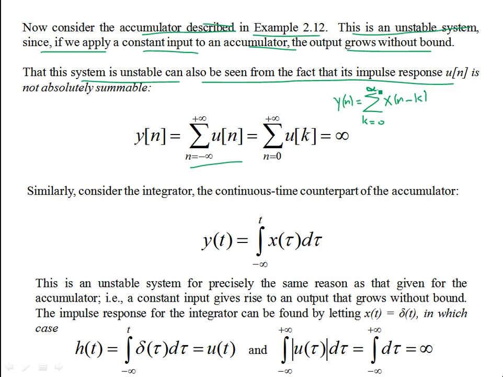That means it is summing up all the samples. Starting with x of n, this will be plus x of n minus 1 plus x of n minus 2, and so on, all the way to x of minus infinity. So basically it's summing all the samples of x of n.